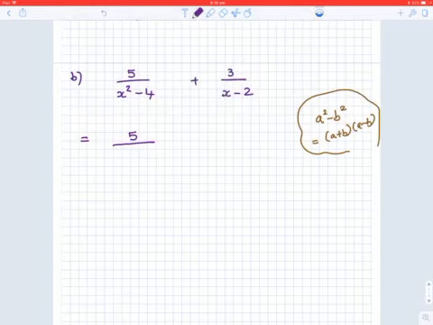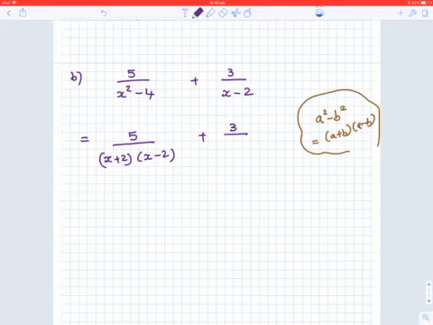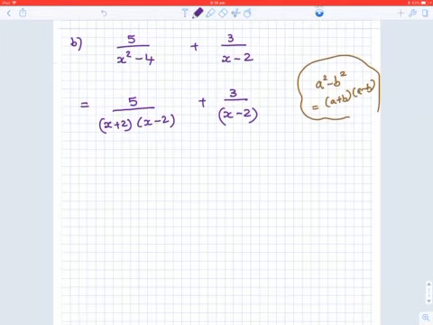I'm going to use this for the first one, which means x squared minus 4 becomes (x plus 2) times (x minus 2), plus 3 divided by (x minus 2).